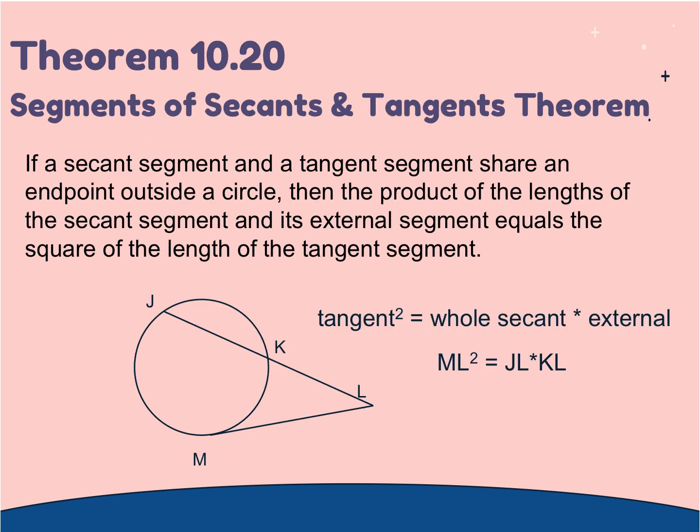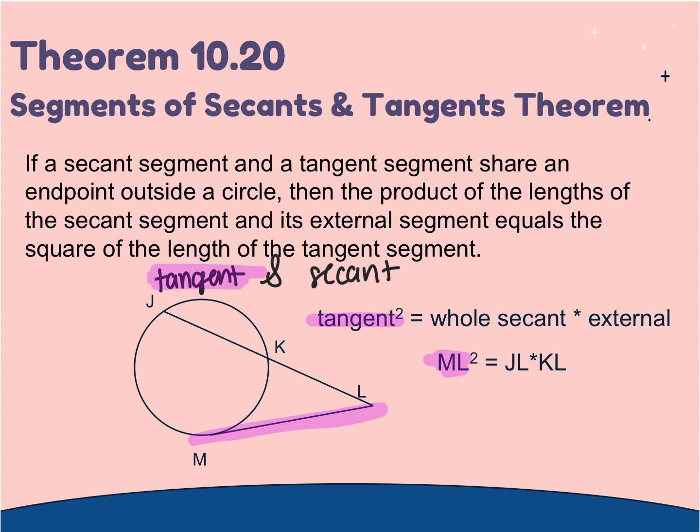All right, now looking at this one, we have a tangent and a secant. Okay, so the rule for this is you're going to square your tangent, which is my ML. I'm going to highlight that, that's purple.